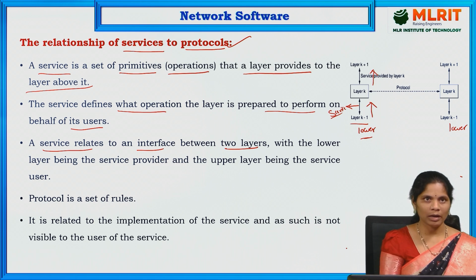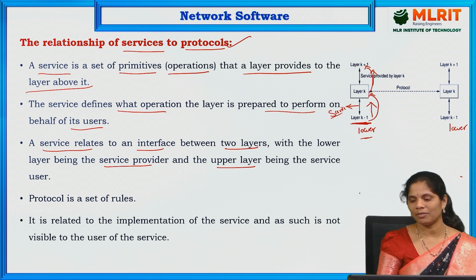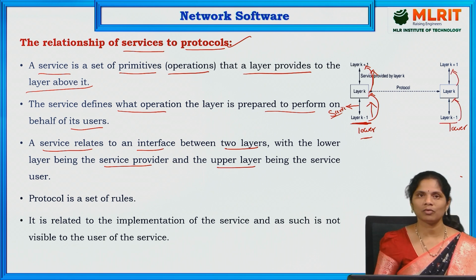With this, the lower layer becomes the service provider to the upper layer. Layer k minus 1 provides services to layer k, and layer k provides services to layer k plus 1. That is, services are provided from the lower layer to the upper layer.